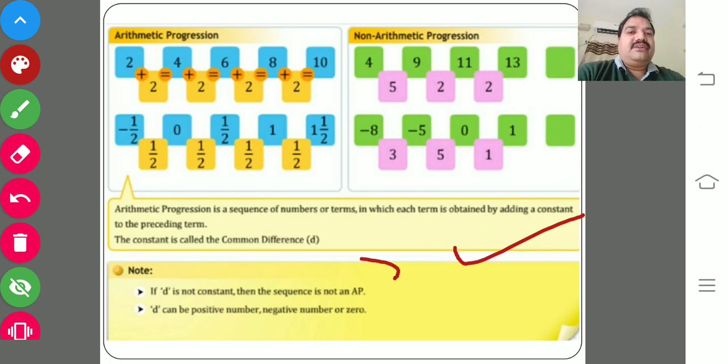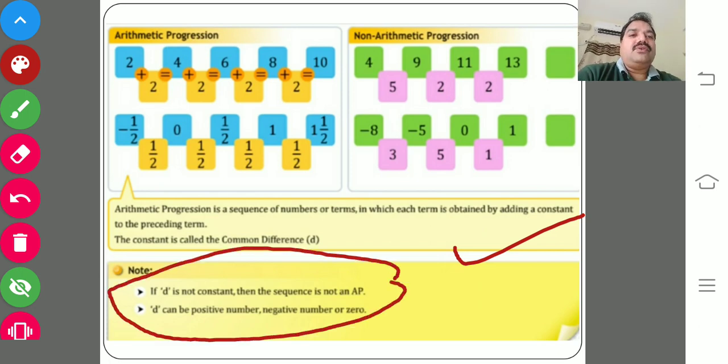For D you have two rules. If D is not constant, the sequence is not an AP. What does it mean if D is not constant? Here the difference from term 1 to term 2 is 2, and from term 2 to term 3 it is something else; it is not following any constant difference. It's not an AP at all.